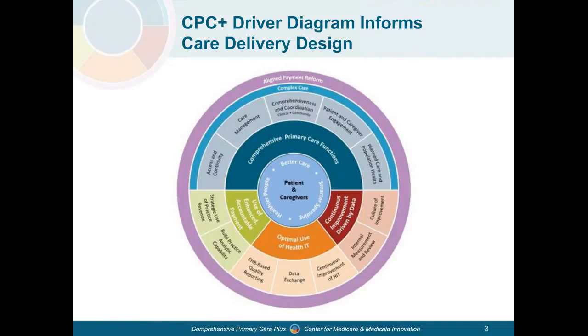These 5 functions are what support the delivery of comprehensive primary care at the practice level, and they are, from left to right, attention to both access and continuity, provision of targeted care management, the pursuit of comprehensiveness in primary care, and the seamless coordination with resources outside of primary care, including clinical ones and community-based resources, then engagement of patients and families in their own care and in the process of improving that care, and last but not least, strategies for planned, proactive care and improvement in the health of populations and the patients cared for by the CPC Plus practices.